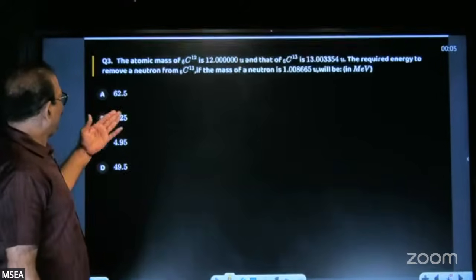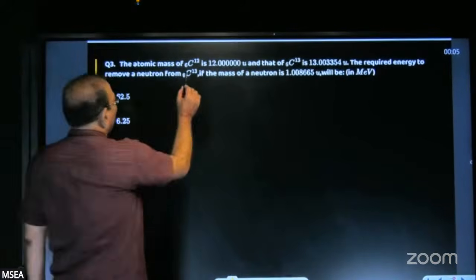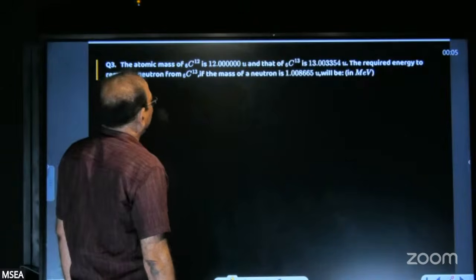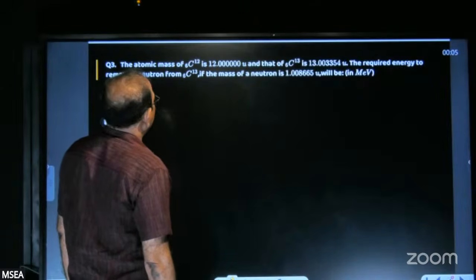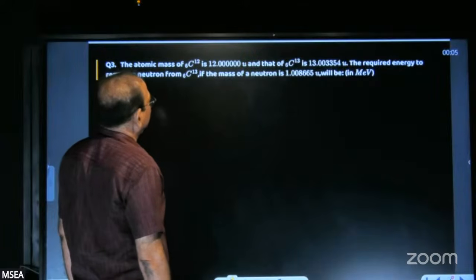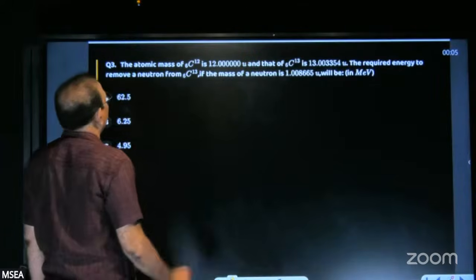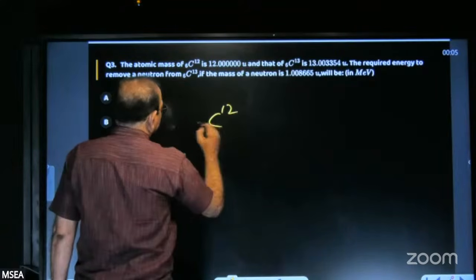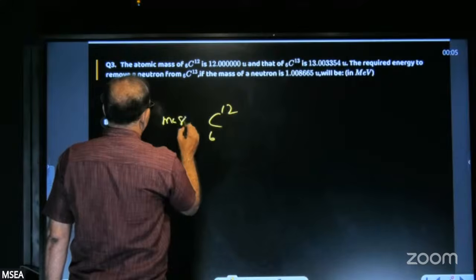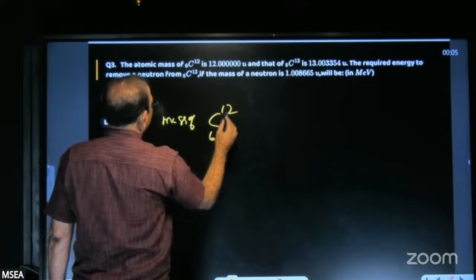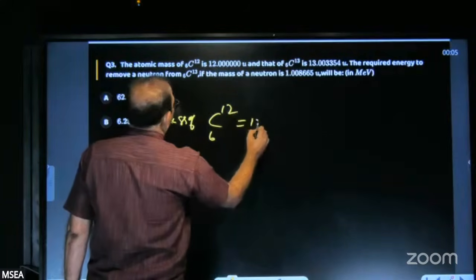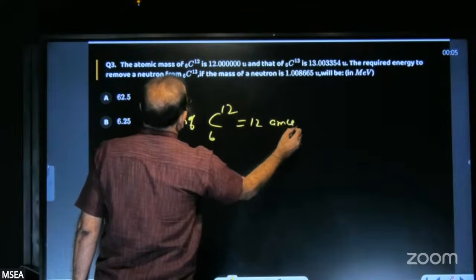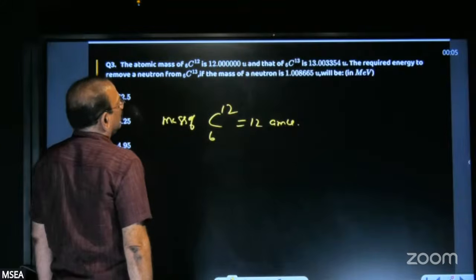Next, same type as the first problem. Carbon 12 mass is given, C612. Mass of carbon 12 is 12 u, AMU, atomic mass unit.